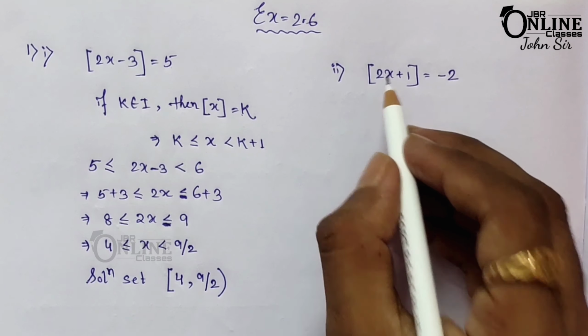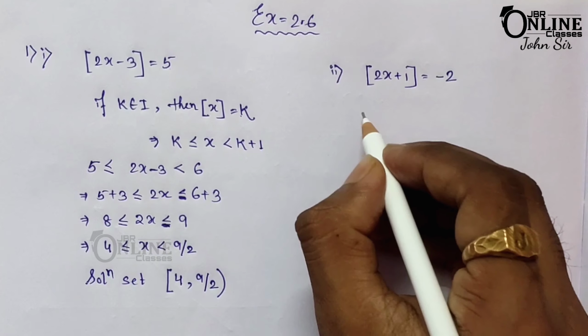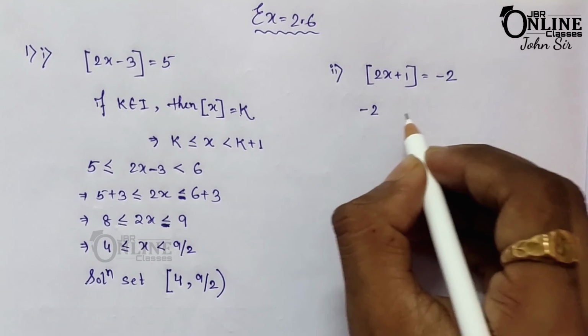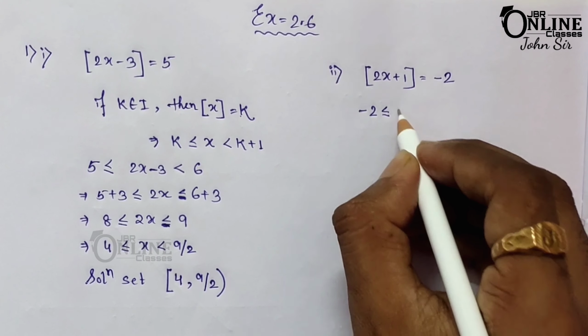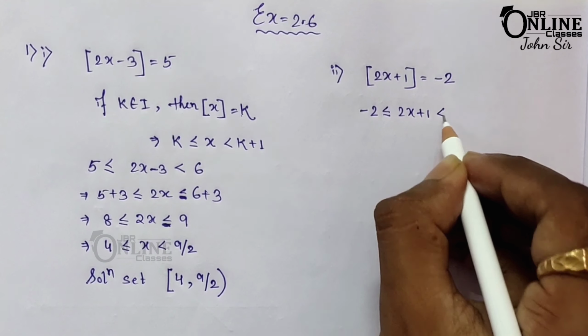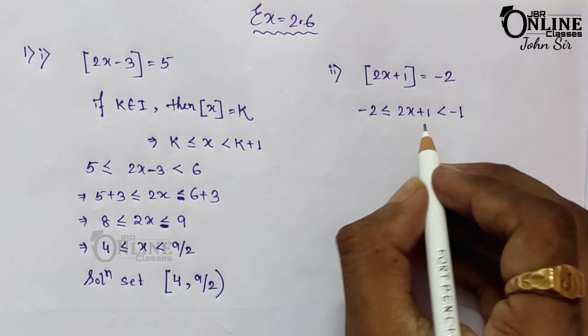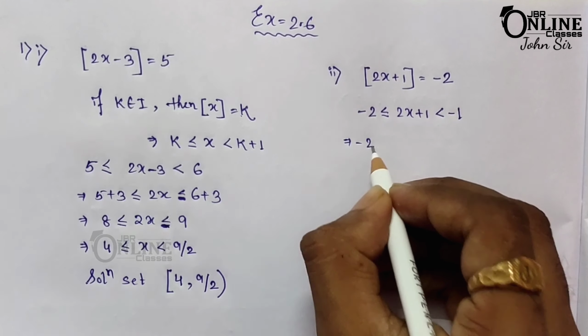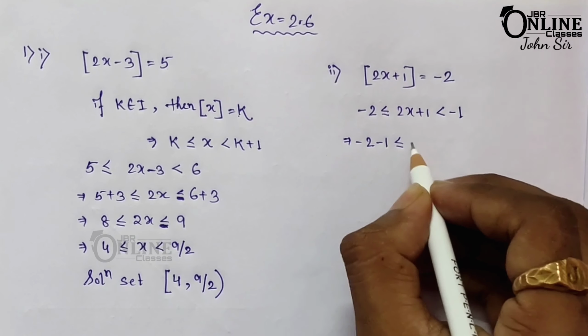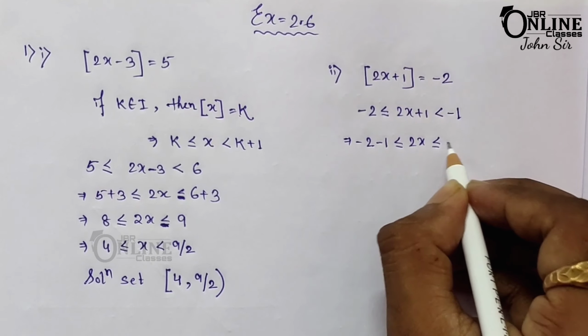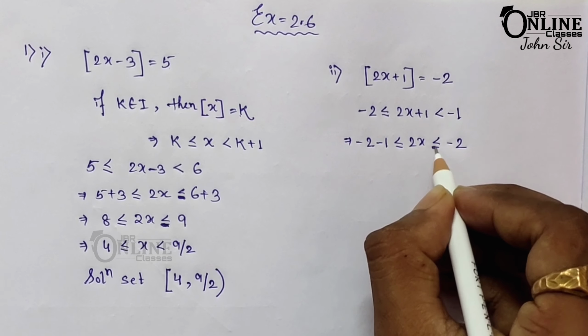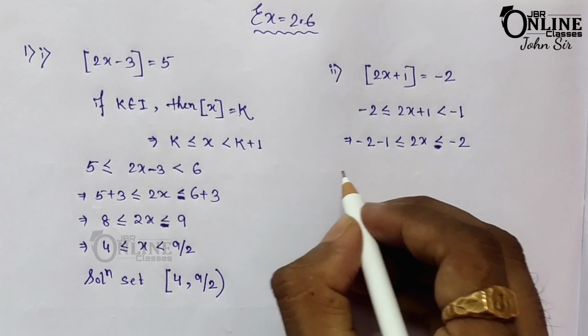Now the next one, number 2. In number 2 you have to write down minus 2 less than or equal to 2x plus 1 less than minus 2 plus 1, it becomes only minus 1. So now minus 2 then minus 1, less than or equal to 2x less than, only less than.